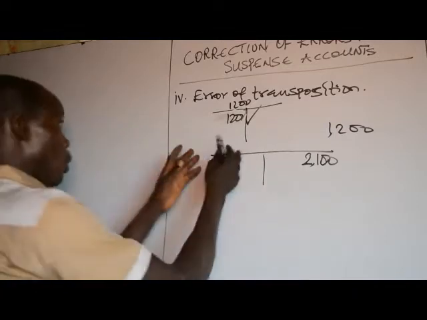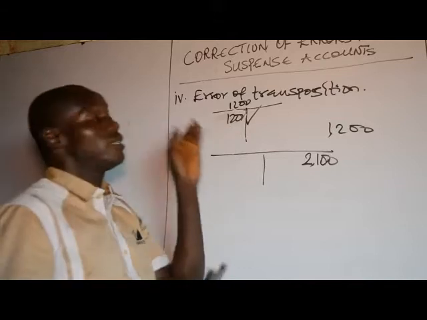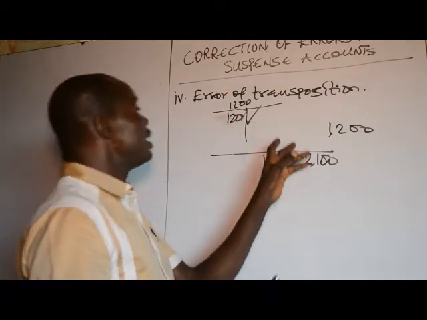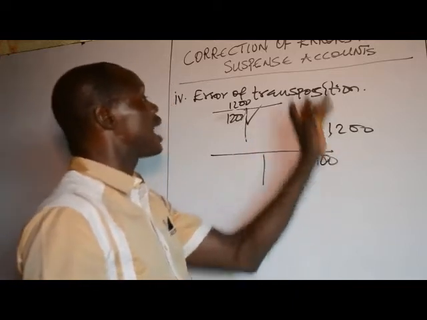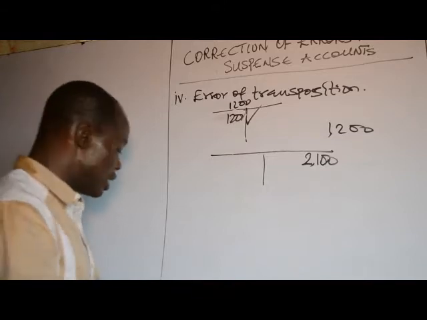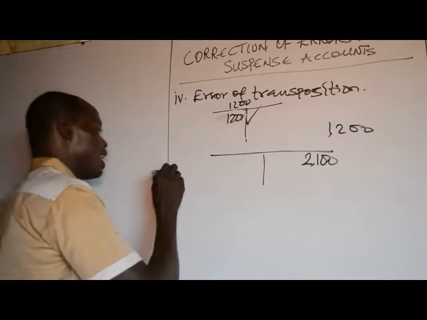So you have to identify whether it is items of receipt that have been undercast or overcast, or items of payment that have been undercast or overcast. And then you correct it by the same rule I have explained as regards the casting errors.